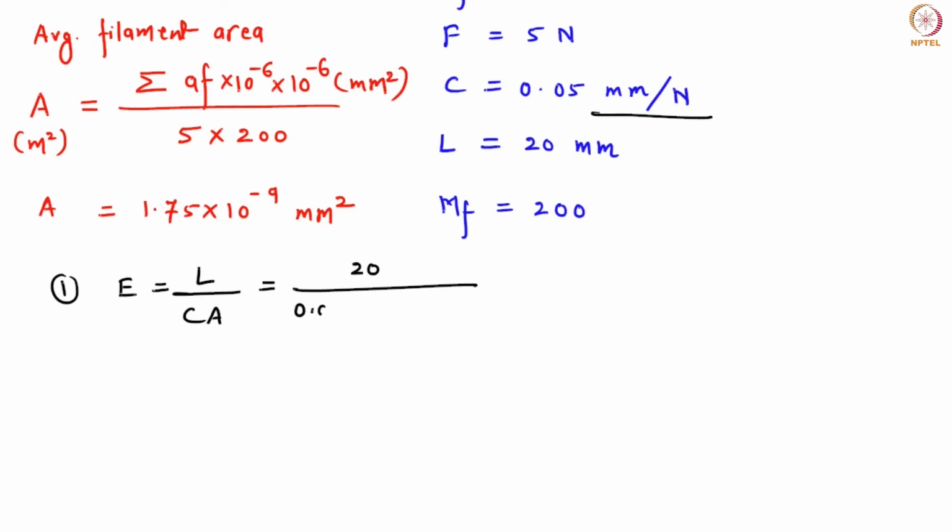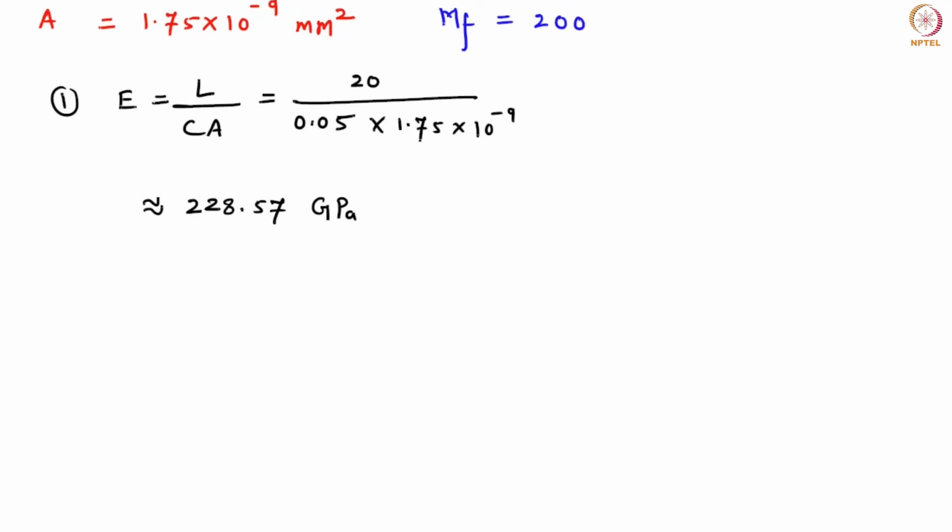In case it is not given in the correct unit, then you need to change it. The area again is 1.75 into 10 power minus 9, taken in square millimeter. The value of Young's modulus that I have calculated comes out to be approximately 228.57 gigapascal. So this is your solution to the first part.